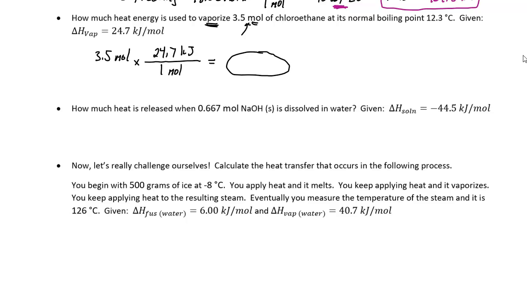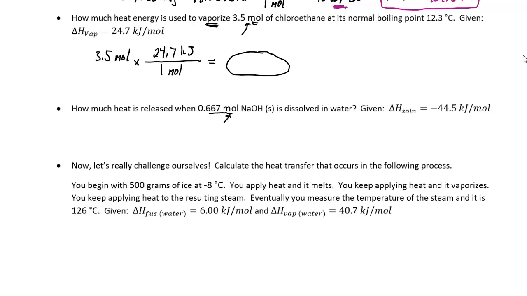All right, next question. How much heat is released when 0.667 moles of sodium hydroxide is dissolved in water? We're going to need the delta H solution value for this, and that's given in the problem. Again, it's convenient that this quantity has moles.